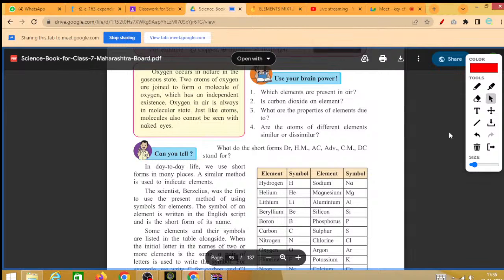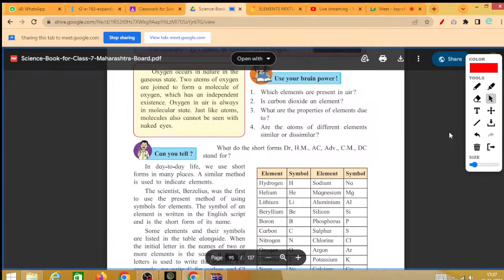You have not attended all the classes. Who can answer? Harshal, can you answer this question? What are the properties of elements due to? Yukti, can you answer? Ma'am? Read the third question.